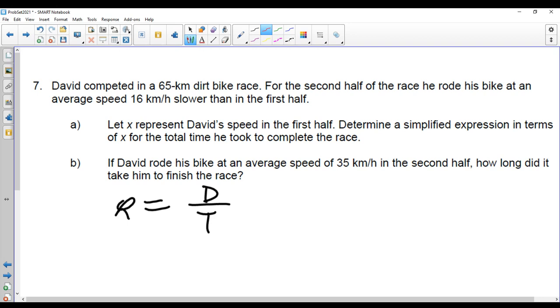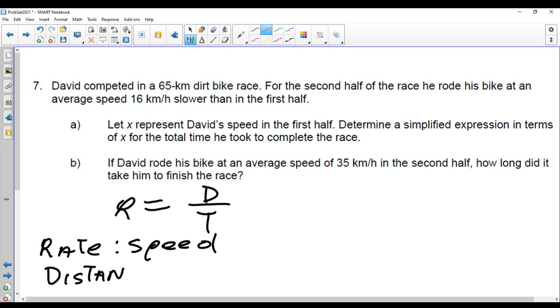You can get speed, or rate, by dividing distance by time, but I can rearrange this. Let me just write what each of these things represents.